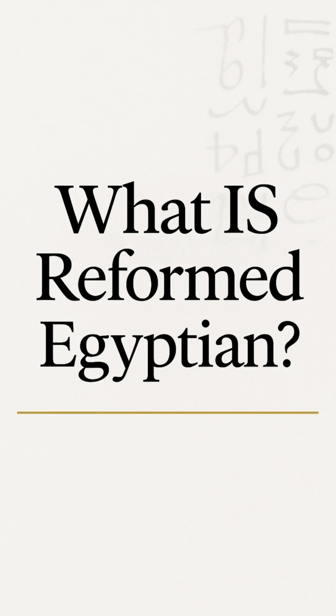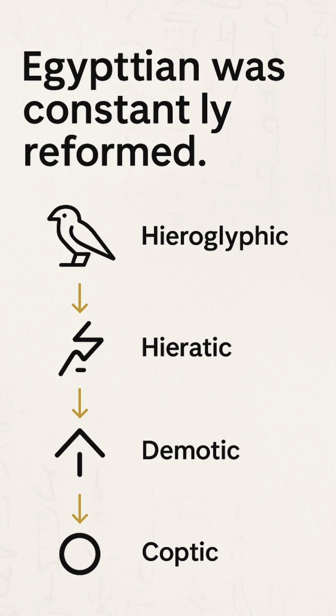So what is Joseph describing when he talks about this Reformed Egyptian? You see, Reformed Egyptian means a modified form of Egyptian characters, a localized adaptation, this scribal evolution. And that's exactly what we see in ancient Egypt. Egyptian writing was constantly reforming: hieroglyphic to hieratic, hieratic to demotic, demotic influencing Coptic.